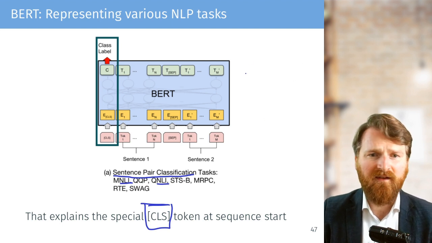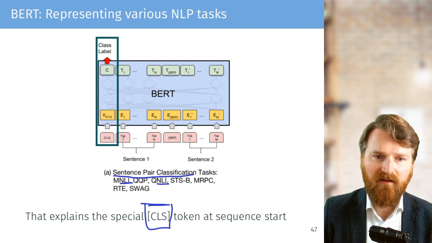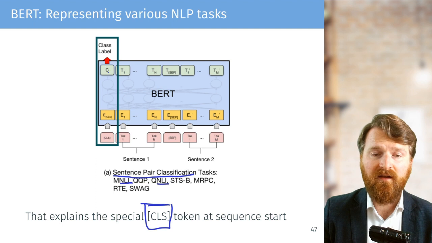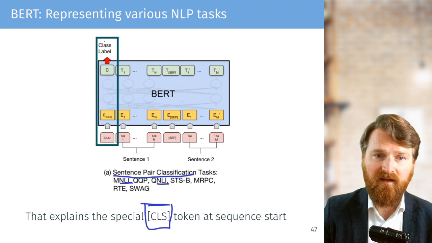We talk about the depth of the network, but it goes up and so on. So it might be confusing, but now we have the tokens here at the bottom. We have the first sentence, then a separator, then the second sentence. For each of these tokens, of course, we're learning the contextualized embedding in the end. And for the CLS token, we're also learning some contextualized embedding. We're going to use this embedding as the input for the prediction of the class.